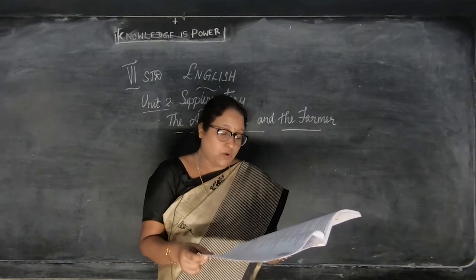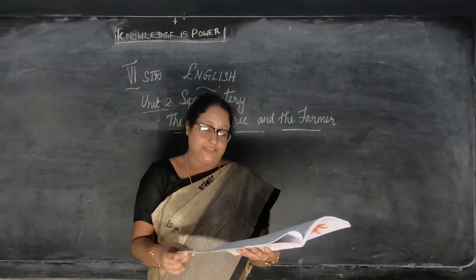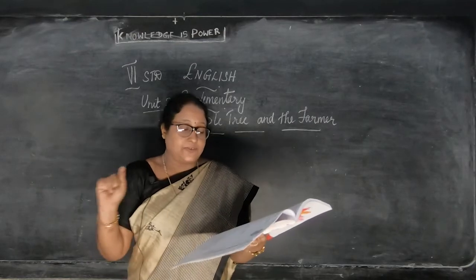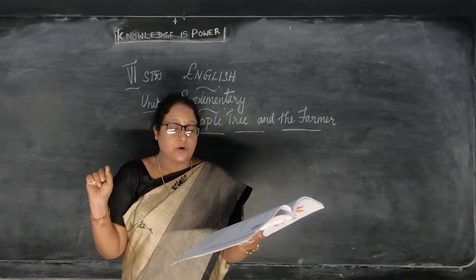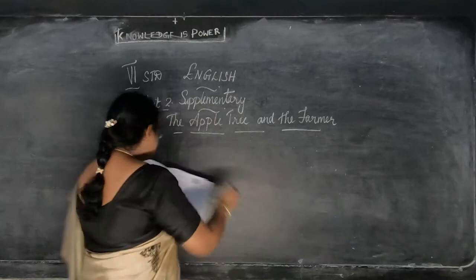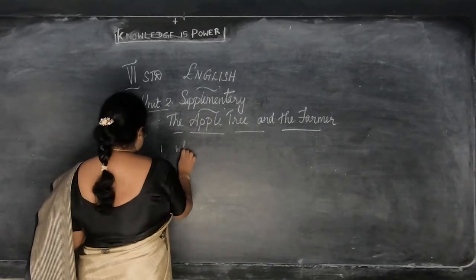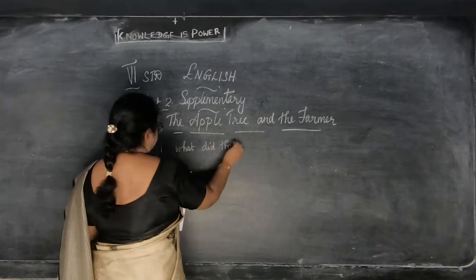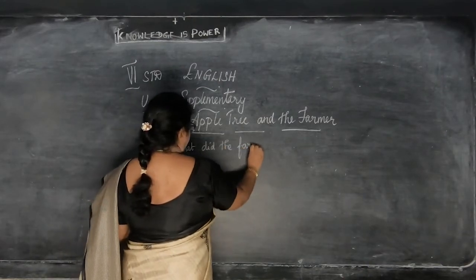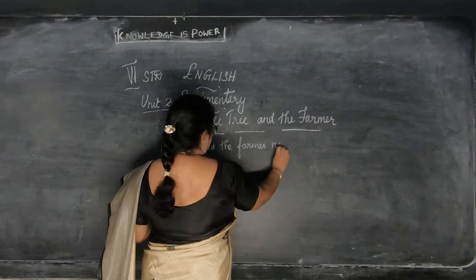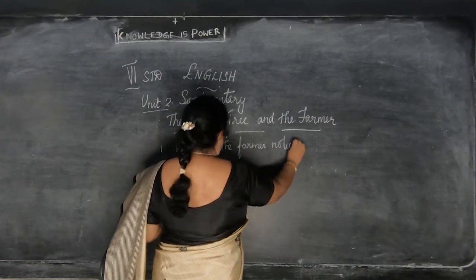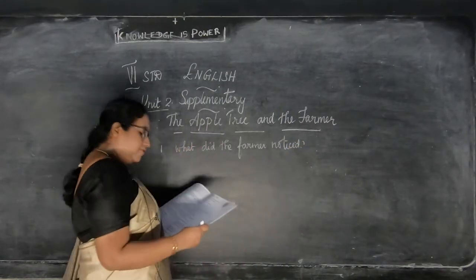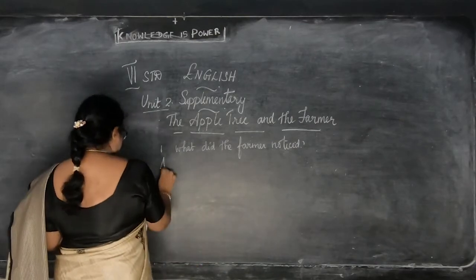So the question is, what did the farmer notice? See, in the first line, the farmer noticed a small fruit hanging from the branch. So what did the farmer notice, children? He noticed a small fruit hanging from a branch.